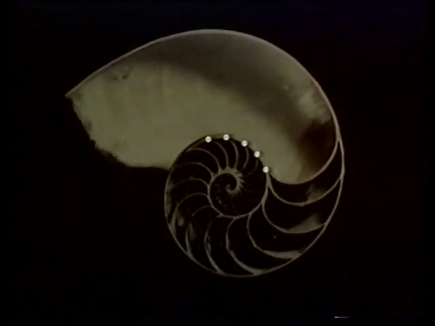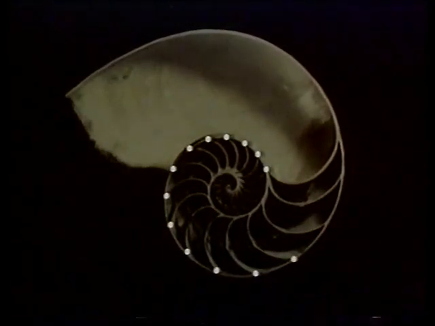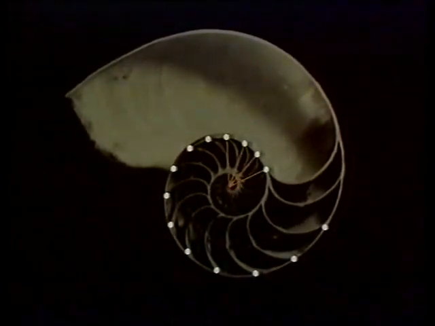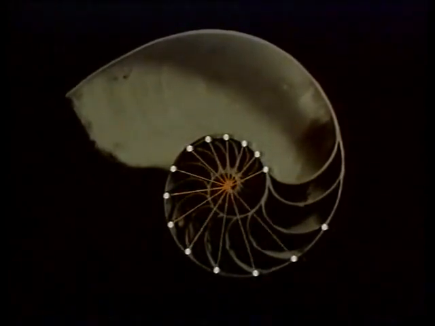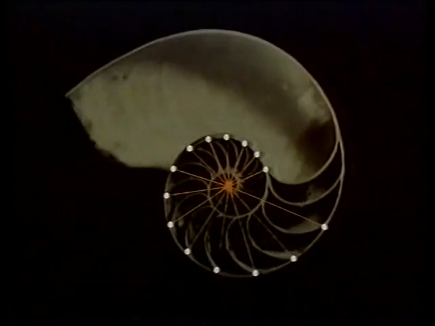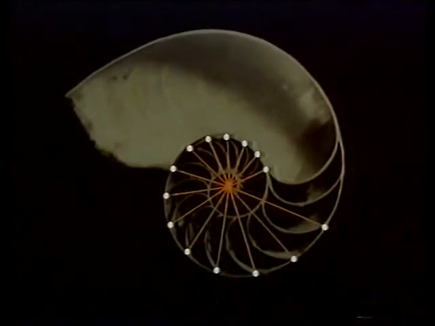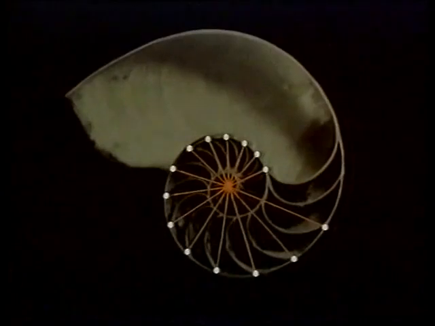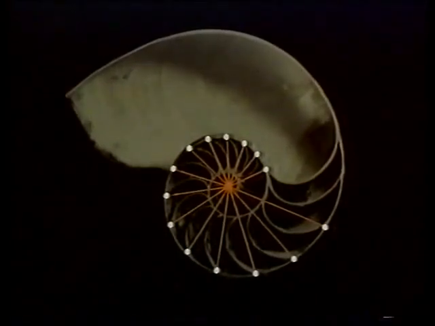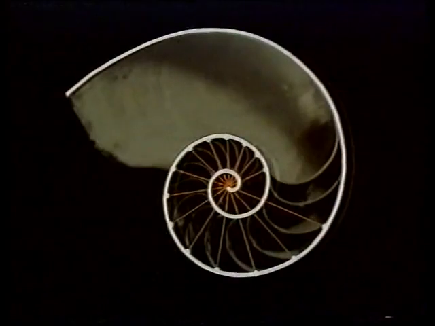These points are the powers that we've just seen. These angles are the same. In fact, the relation between the nautilus and the complex numbers is that they both grow along this curve.